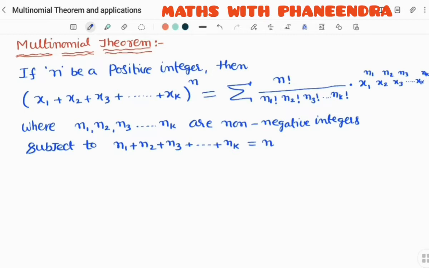Now, how do we calculate the number of terms in the expansion? Generally, (x plus y) whole power n, the binomial expansion, contains n plus 1 terms.